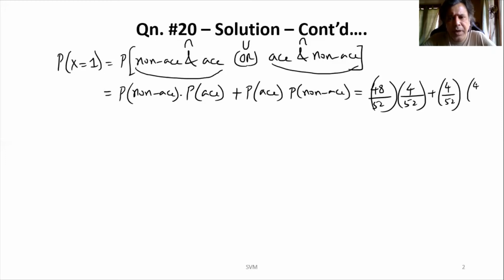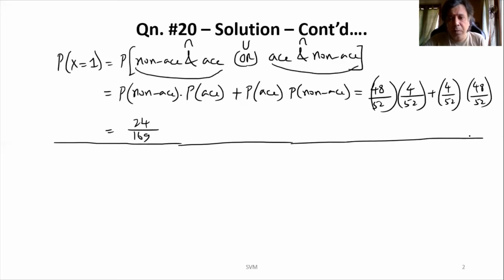If I calculate this, I get 24 by 169. This is our second probability.